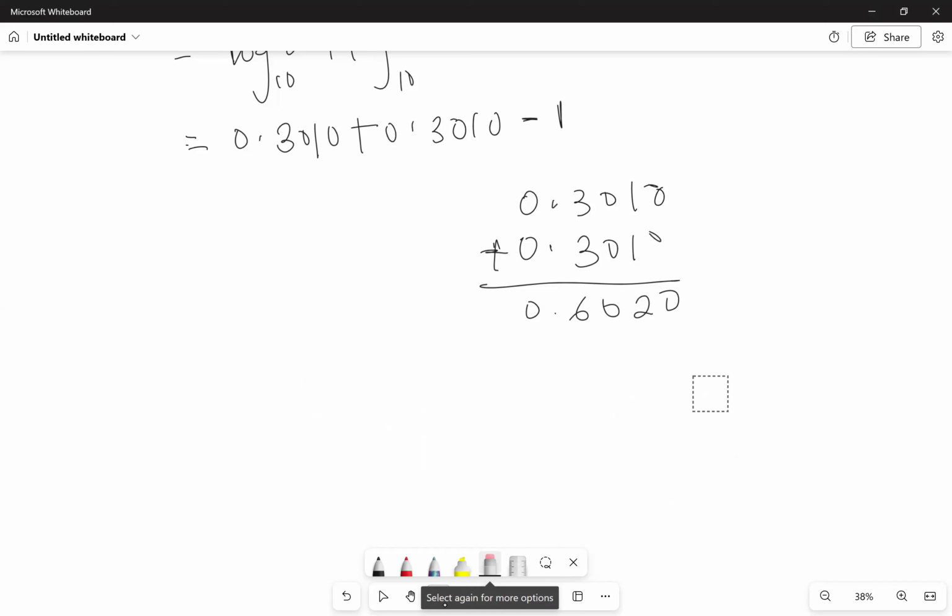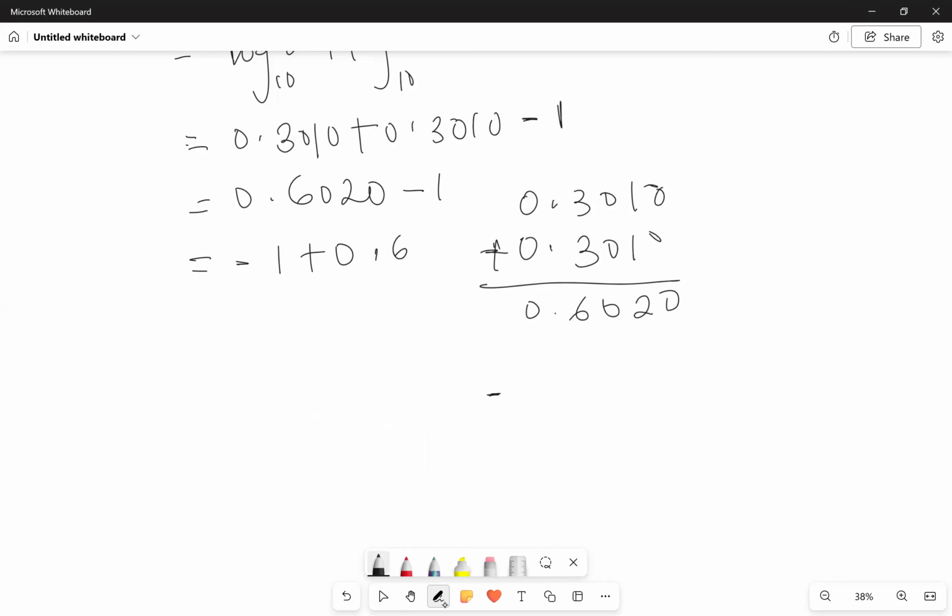So it's going to be your negative 1 plus 0.6020, right? I want us to switch it by making it minus 1 plus 0.6020, so that it makes sense. Then we proceed.